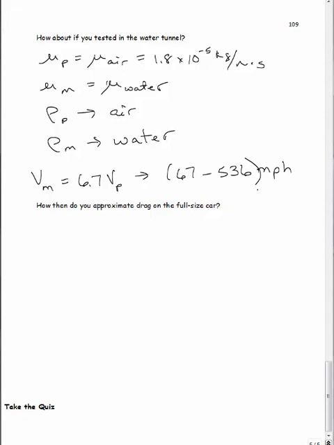So then, how do you approximate the drag using that information? Well, what you do is you run it at these ranges of velocities. You collect the drag on the model. So for each Reynolds number, you measure a model drag.